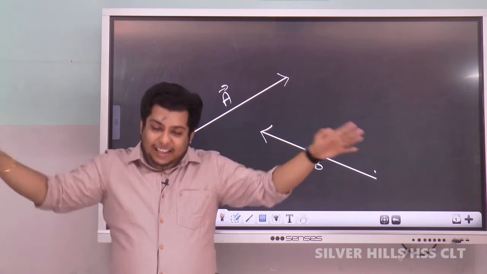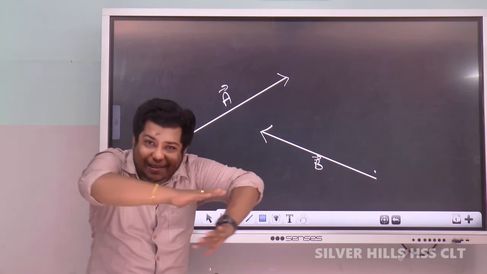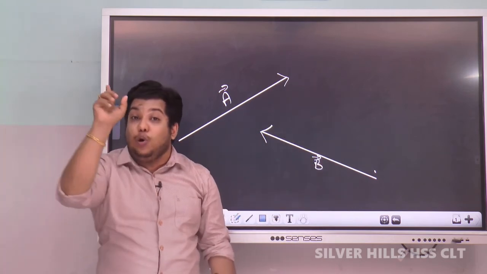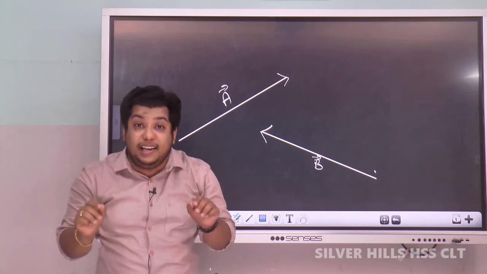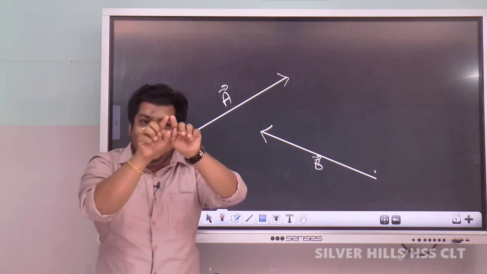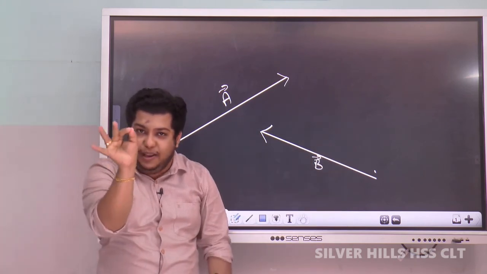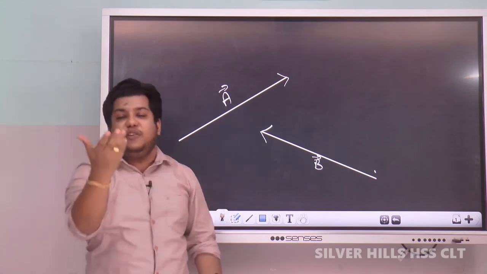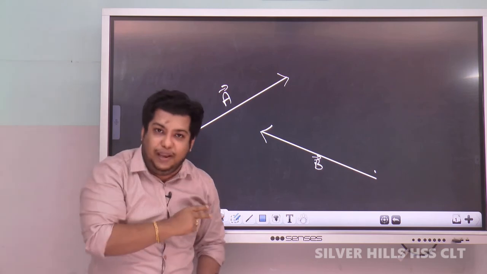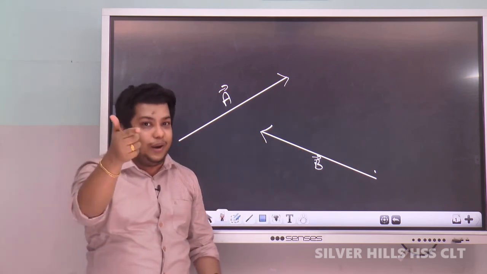Therefore, they are called coplanar. Those vectors which can be represented in a single plane are called coplanar. Single line is called collinear. If two vectors can be represented in a single line, such vectors are technically called collinear vectors. If two vectors can be represented in a single plane, such vectors are called coplanar vectors.